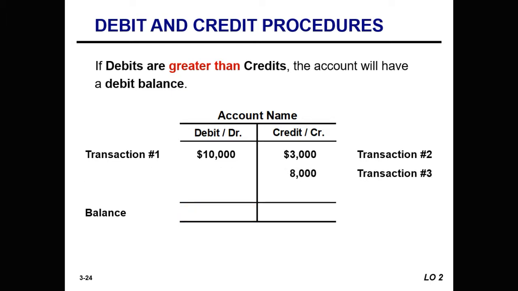Now, when we flip this and we look at $11,000 in credits, or right side, and $10,000 of debits on the left side, we know that this has a credit balance. And the difference is the amount between the credit and the debit. That is a $1,000 credit balance.